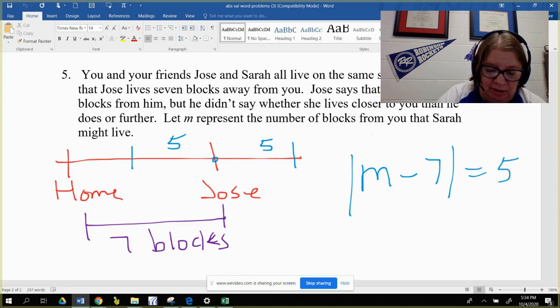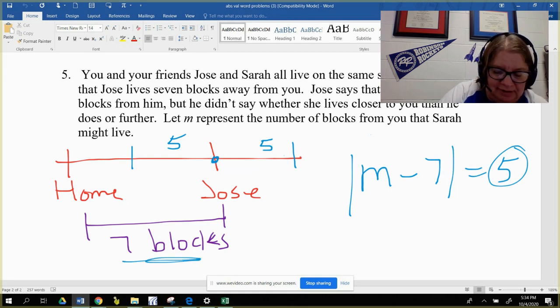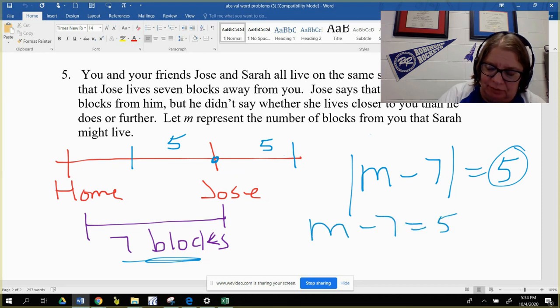Because it might be a plus. Here's 7 blocks, and it might be plus 5 more, or it might be minus 5 more. That's why that 5 goes over here. Do you understand that? From home to Jose's house is 7 blocks. And Sarah's either going to live 5 blocks this way or 5 blocks that way. So there's nothing to isolate. So if I solve it, m minus 7 equals 5.